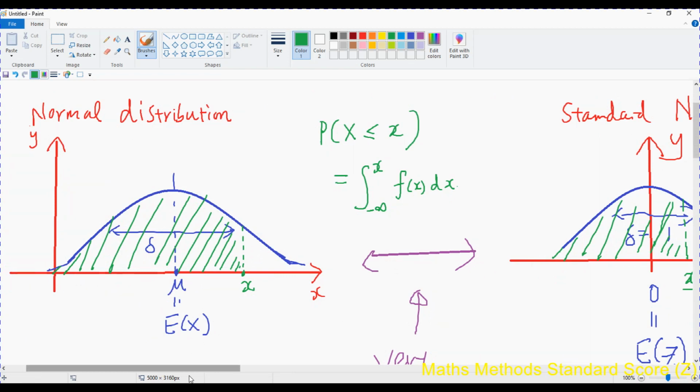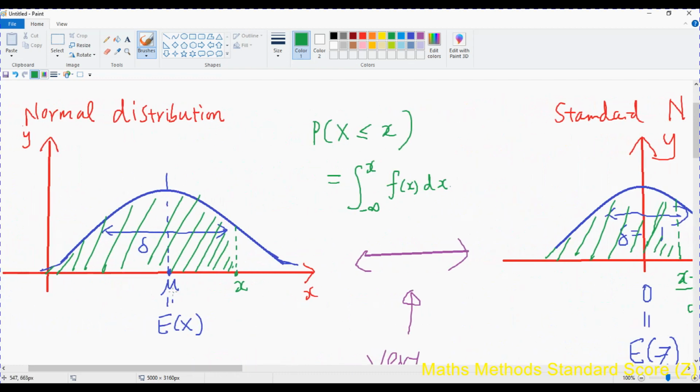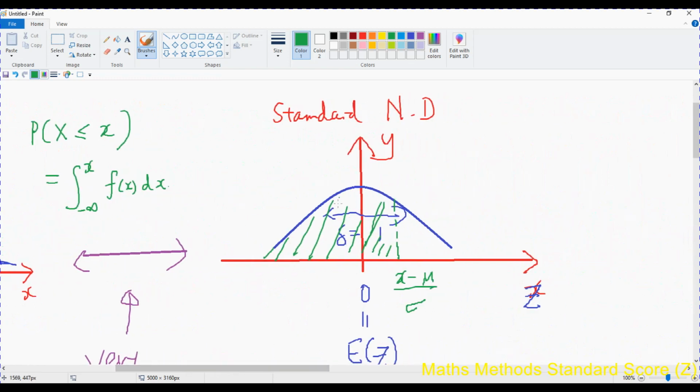So that means you can always find the same area in a normal distribution with any mean mu and any standard deviation sigma by using the standard normal distribution with mean 0 and standard deviation 1.